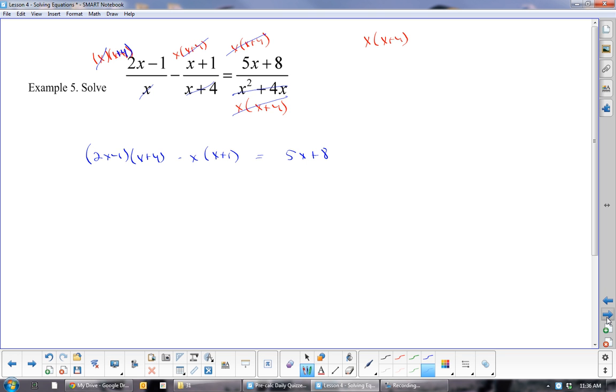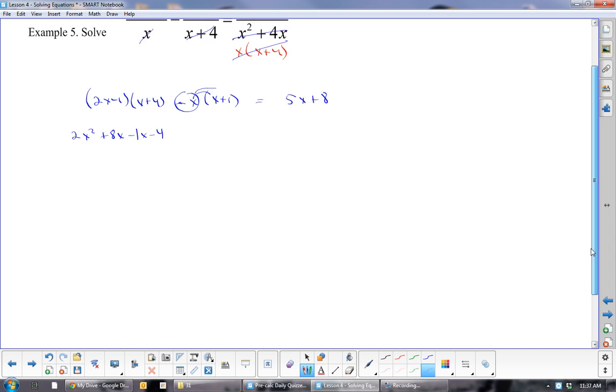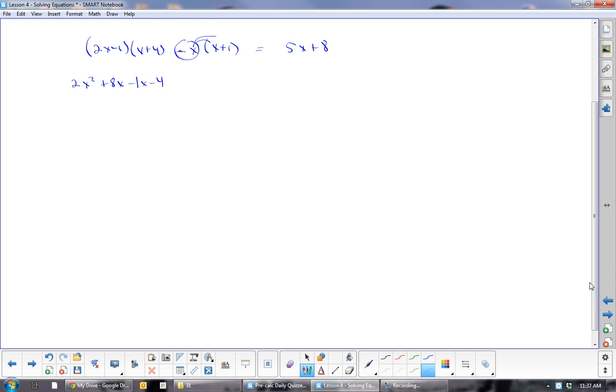Now, let's get rid of some brackets. So I'm going to FOIL the first set. So that's 2x squared plus 8x minus 1x minus 4. Be very careful with this one. Remember, I get the negative x in, right? So that is minus x squared minus 1x equals 5x plus 8.